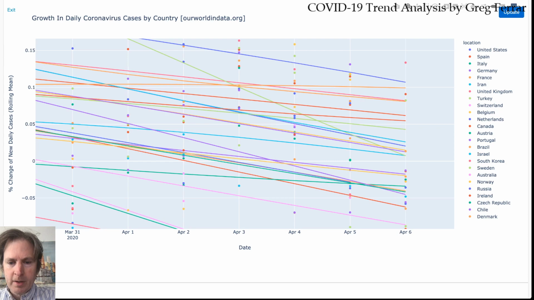Israel, Italy, Czech Republic, Netherlands, Portugal, France. All of these countries are trending downward. All their growth is below zero. All of them are seeing fewer new cases, or will; the trend says they will. If they've just crossed the line, they might still have a few data points above. Let's take one at random, Germany.